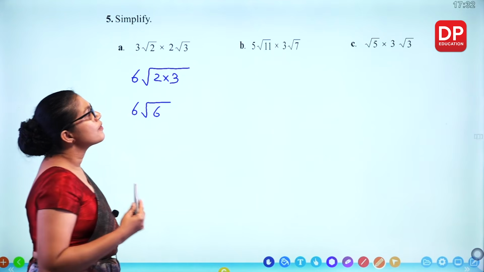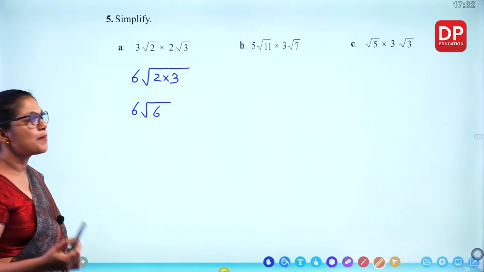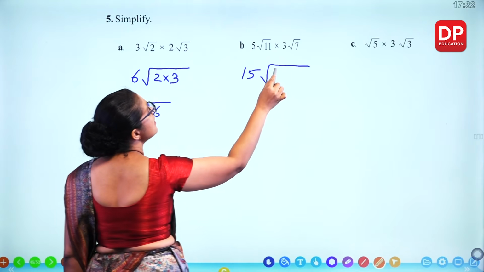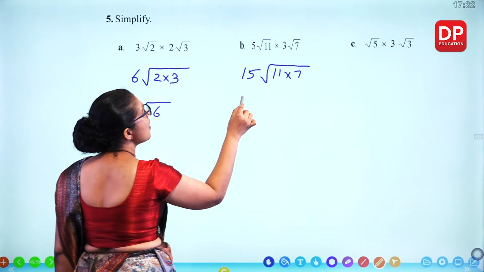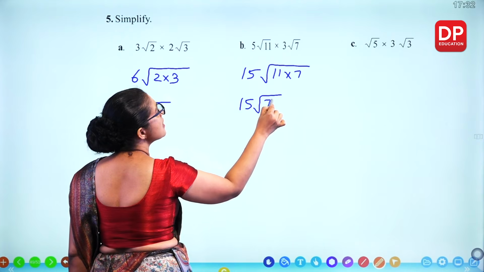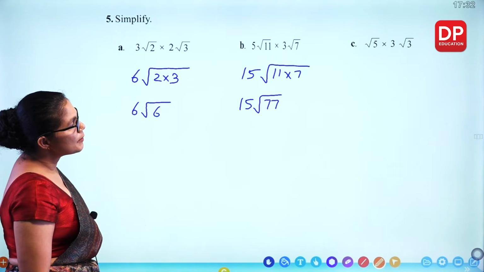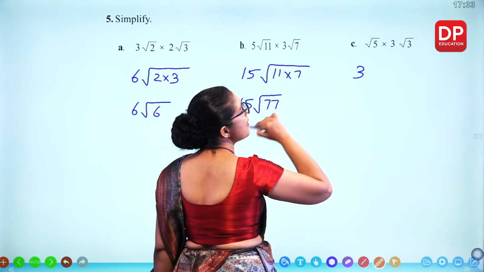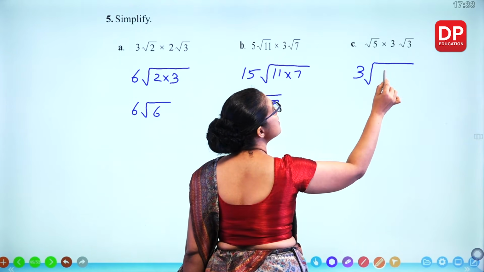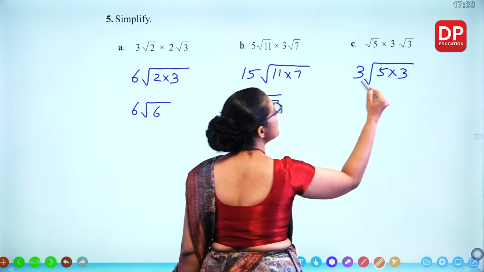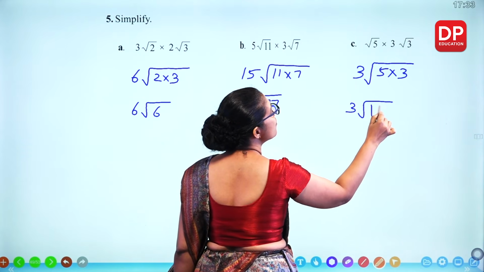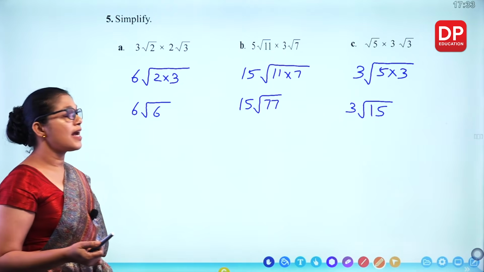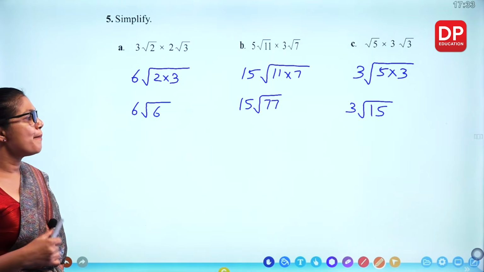This one, rational numbers separately. 5 times 3, 15. What's the irrational part? 11 times 7. So I can write root 77. What about the third one? I can write 3 separately and inside the surd 5 times 3. So what's the answer? Root 15. So we can't simplify further because 15 I can't write as a square number.